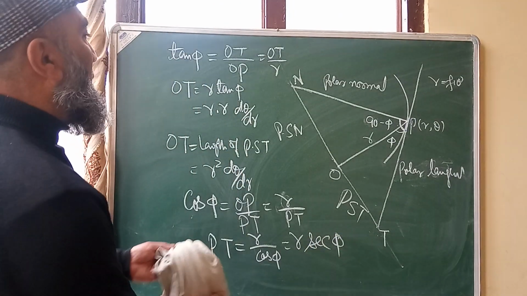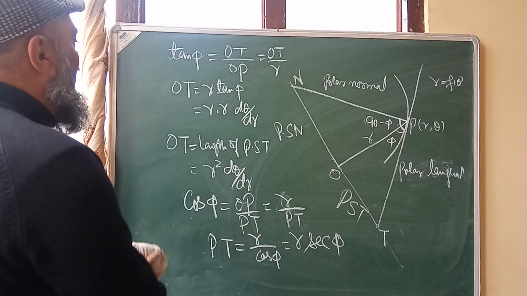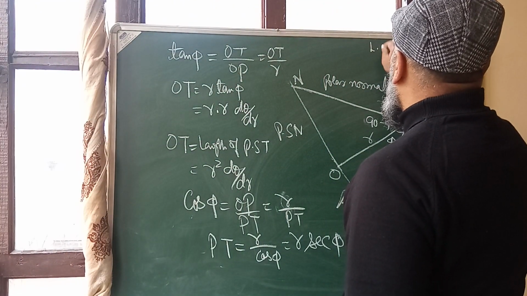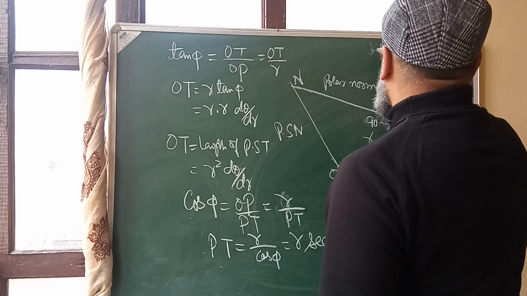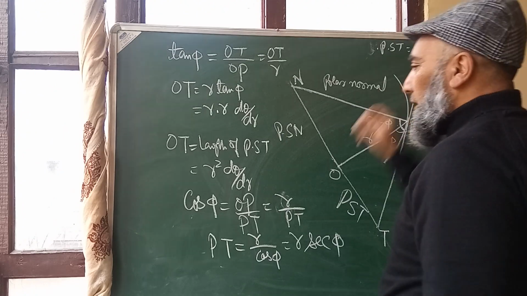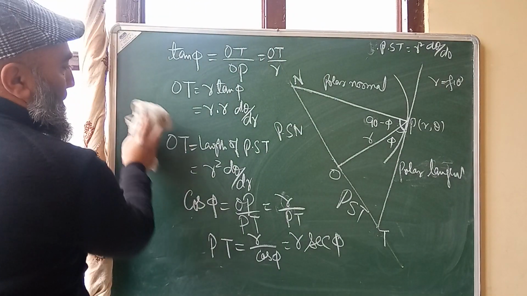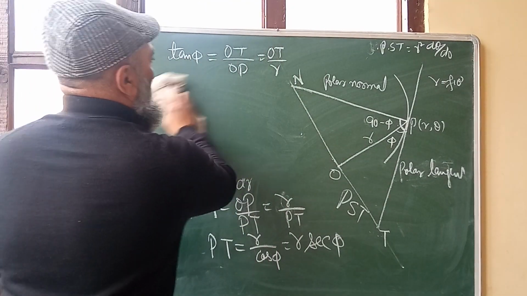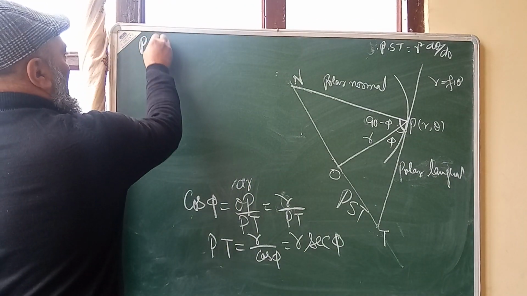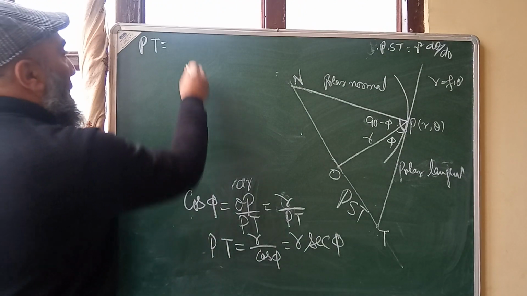Fine? r secant phi. The length of the polar subtangent is r square d theta by dr. I will be using it finally.